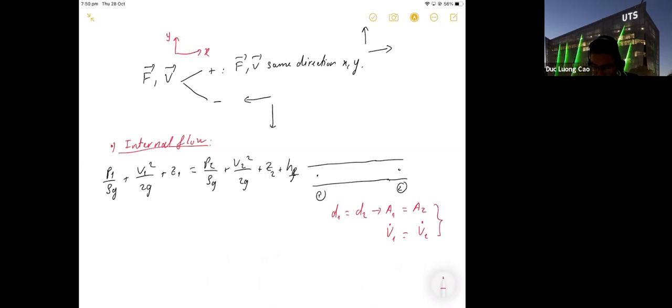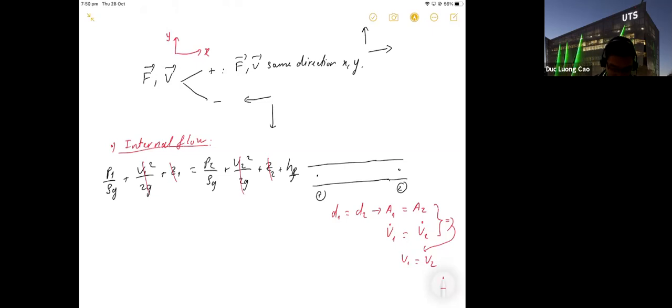So from this one, you will have velocity V1 equal to V2. It means water velocity in this pipe is constant. So cancel out the kinetic energy. 1 and 2 are at the same height, so cancel the potential energy. So from the energy equation between 1 and 2, you will have this, okay?